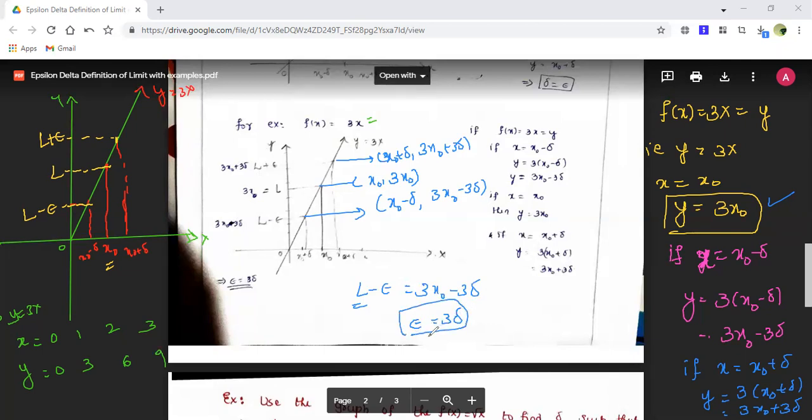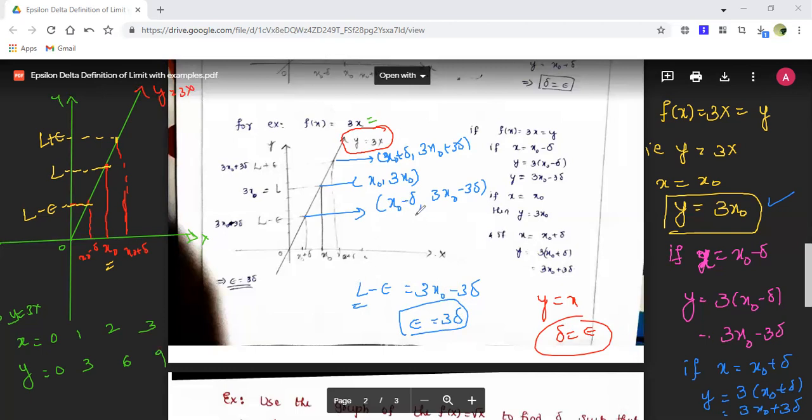So here in this case, your epsilon is 3 times delta. In the first example which I showed you, where y is equal to x, delta and epsilon were both the same. And here we have epsilon equal to 3 times delta. So this means the relation between epsilon and delta depends on the function on which you are defining your limit.